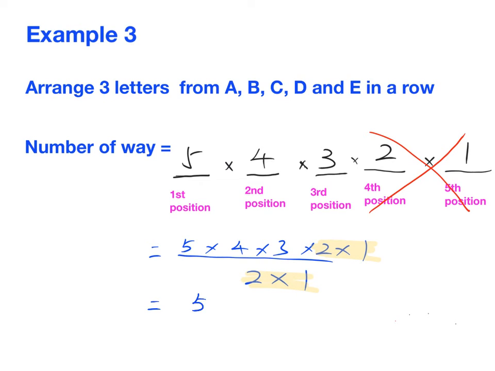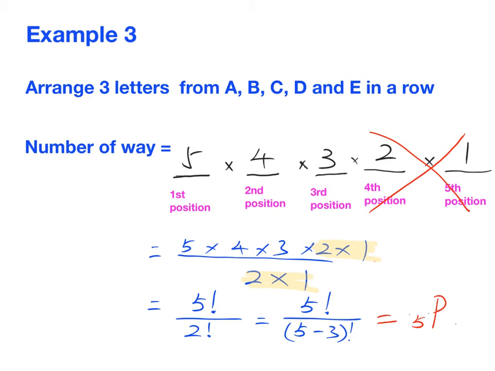So it equals all of them, 5 factorial, divided by the last 2, which is 2 factorial. And 2 factorial, we can rewrite as 5 minus 3. That is, of all of them, we need the first 3 and don't need the remaining 2, so we divide by the remaining 2 terms.